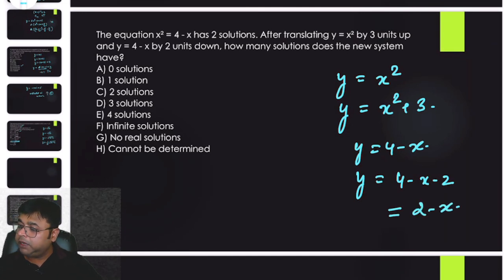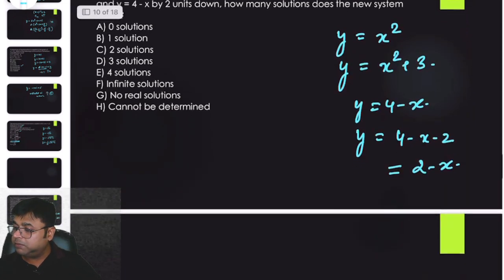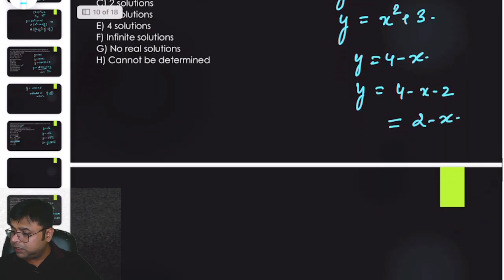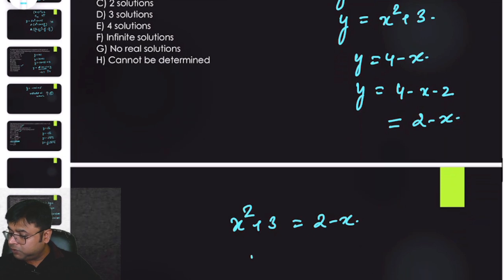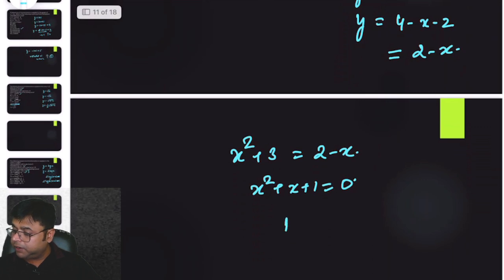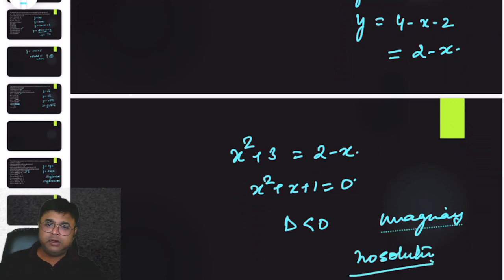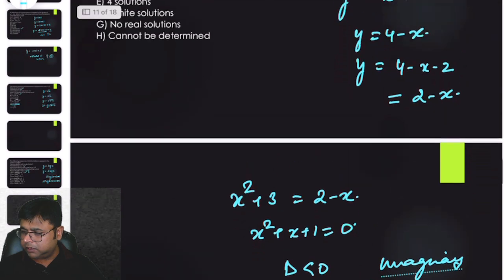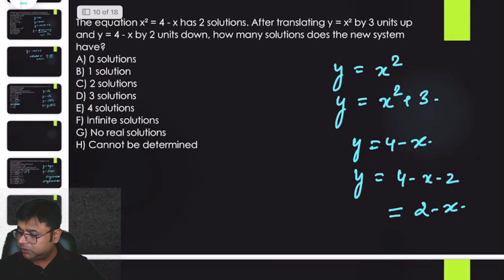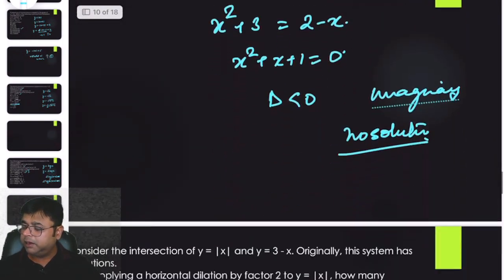Now they're saying how many solutions does the new system have? The new system is x square plus 3 equal to 2 minus x, which gives x square plus x plus 1 equal to 0. If I look at the discriminant, it is less than 0, so roots are imaginary. So in such cases, there will be no solutions. Very easy, but you need to know the translations. So no real solutions. Right, let's move on to the next.